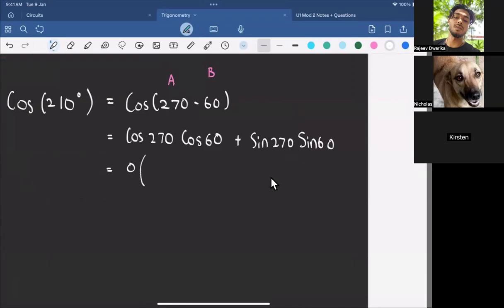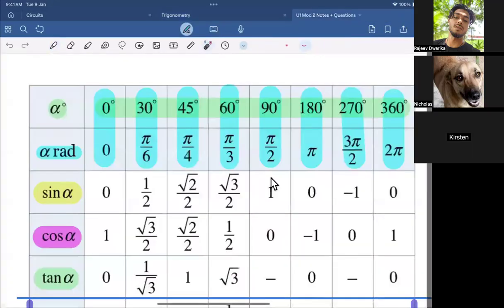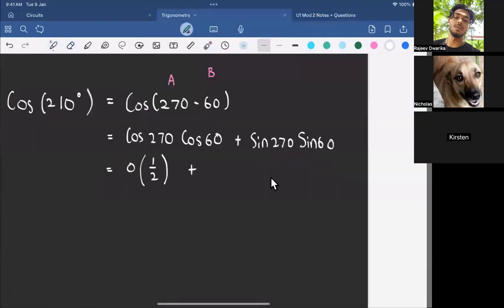Where's sine 270? Minus 1. Sine 270 is minus 1. And what is sine 60? Root 3 over 2 or 3 over 2?